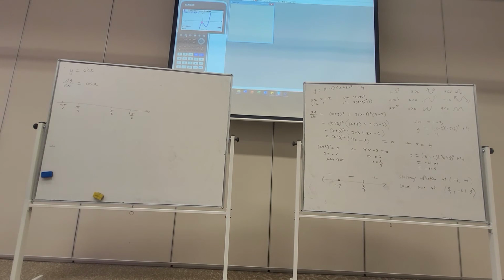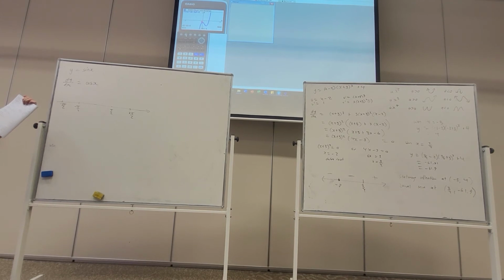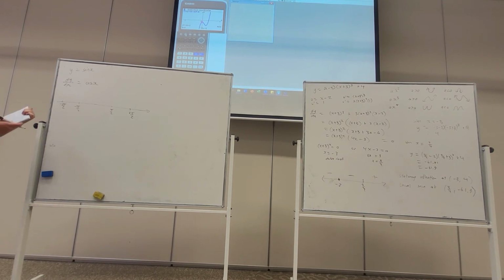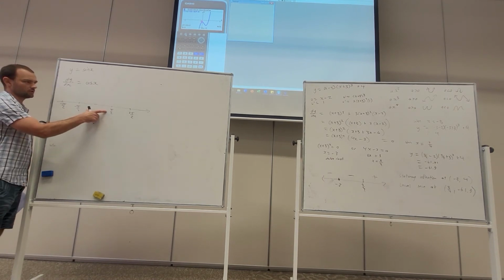When the angle is 0, the x value is 1. Then we need to indicate when it is above and when it is below.